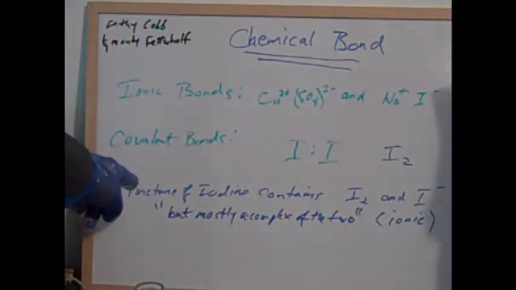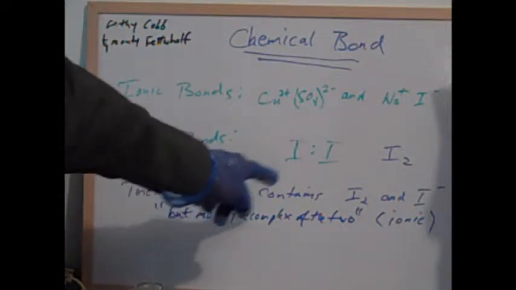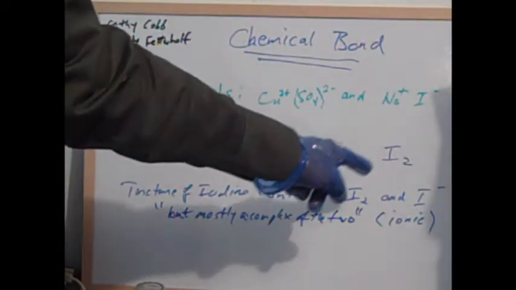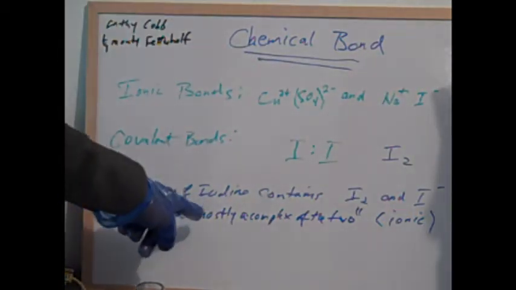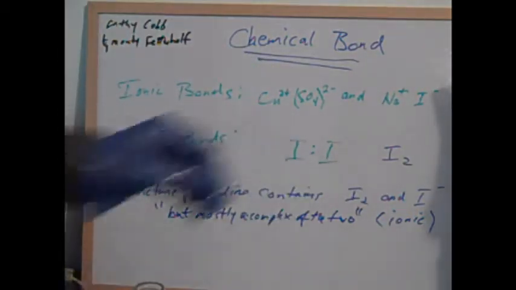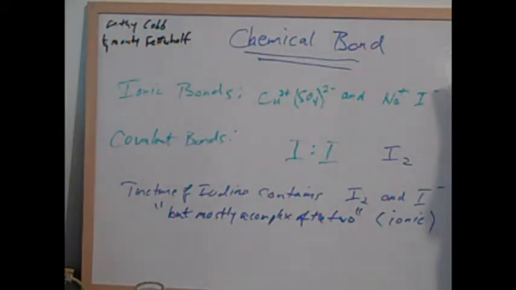At the bottom you can read, I hope you can read, tincture of iodine contains I2, iodine, and iodide, as in sodium iodide, but mostly a complex of the two. Because it's a complex of the two, the complex is ionic. Now later on in chapter 8 it talks about polar solvents and nonpolar solvents.